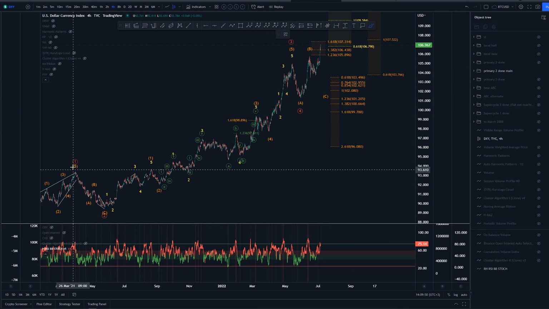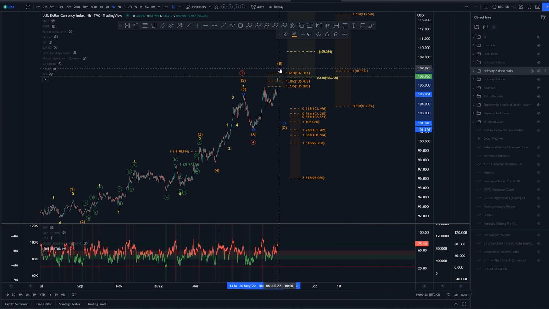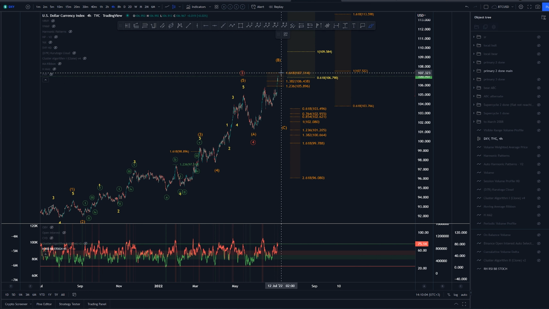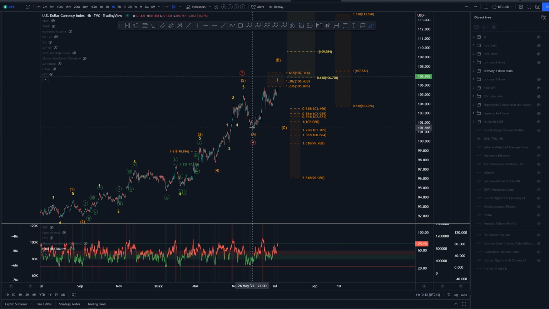No real alternation here between the fourth and second. Again, not needed, but it would have been nice to see. It is still not impossible to have this as the B wave if we are pivoting before the $107.3 area, in which again we would get to the 1.618 retracement of this A wave, which we would consider this invalidated.